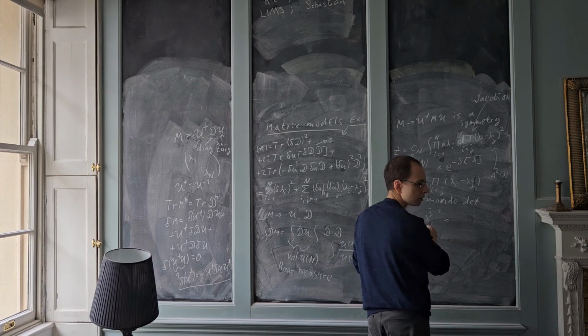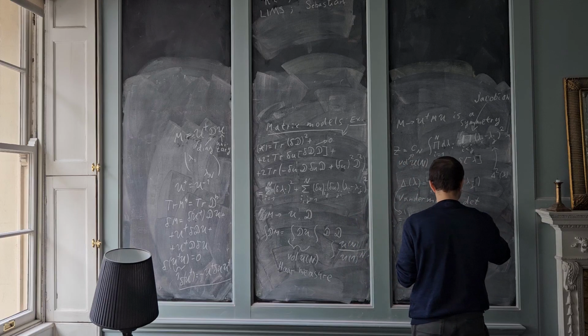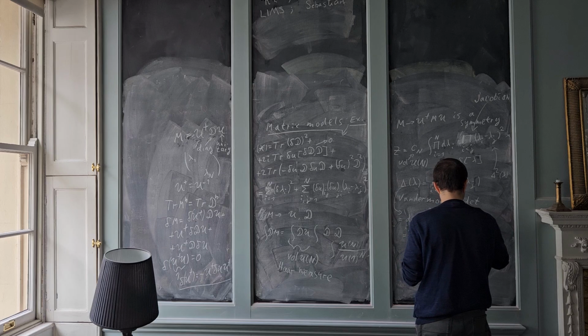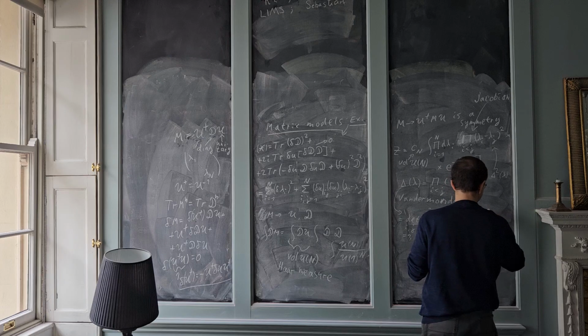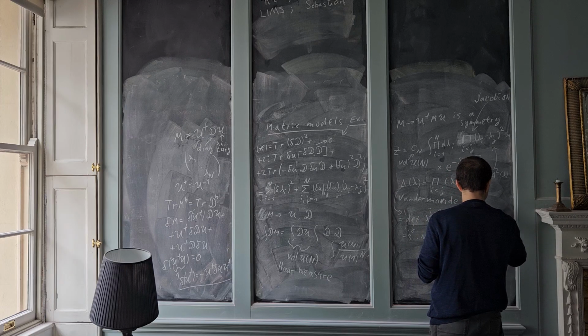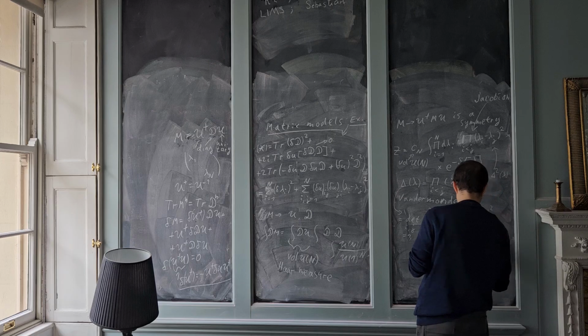This notation may look a bit fishy; it's just to write it explicitly. It's the matrix where the first column is built out of ones, 1, 1, 1. The next column is lambda 1, lambda 2, lambda 3, and so on. And the next is lambda 1 squared, lambda 2 squared, lambda 3 squared, and so on.